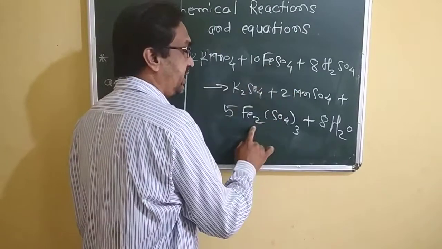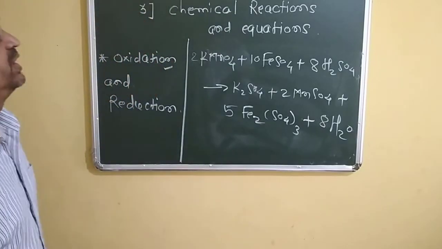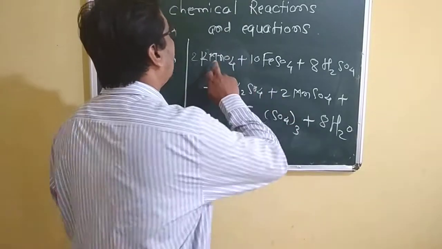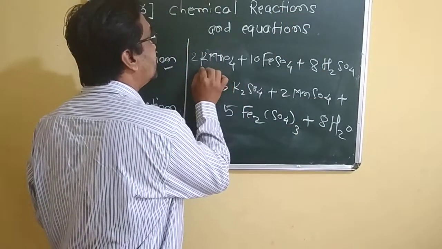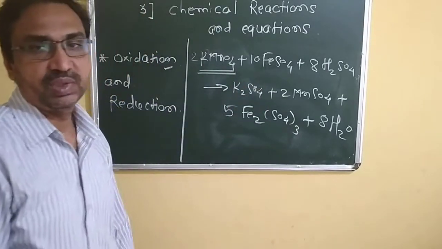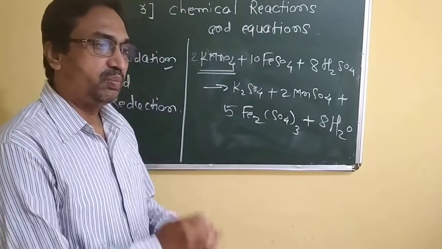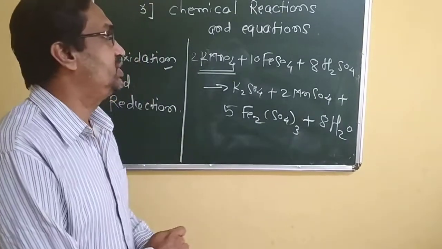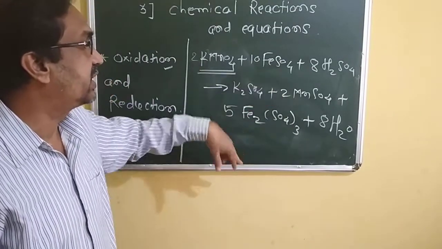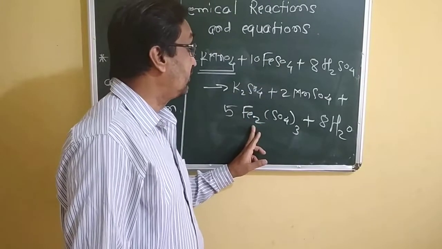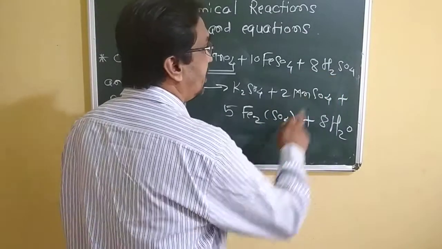The oxidation takes place in the presence of H2SO4, and the oxidizing agent is KMnO4, potassium permanganate. Potassium permanganate is an oxidizing agent which oxidizes FeSO4, ferrous sulfate, converting it into ferric sulfate in the presence of H2SO4.